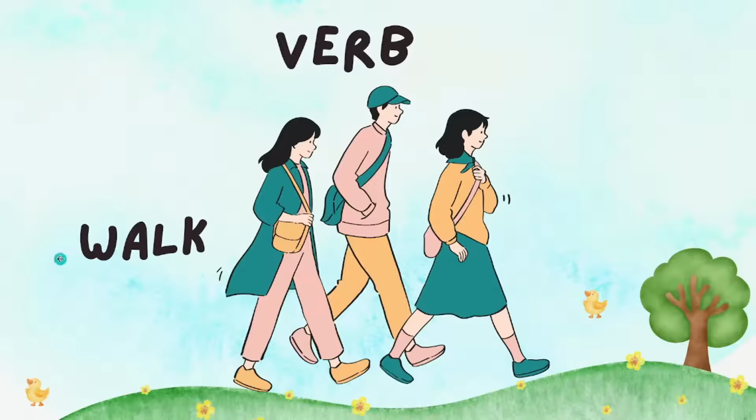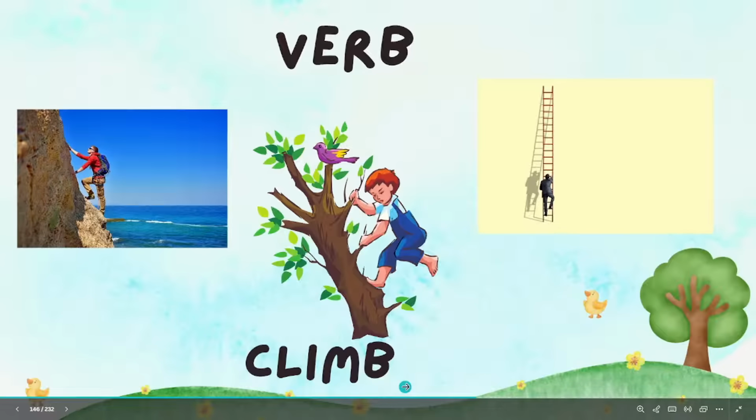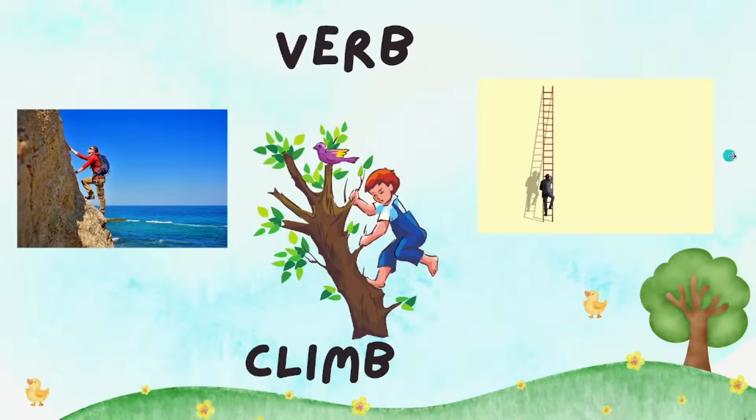So, this is already a verb. This one is walk. The action. Oh, see here, the boy is climbing. This man is also climbing. And then this one is also climbing. So, it's climb. That is an action. So, this is a verb. Okay? Next.